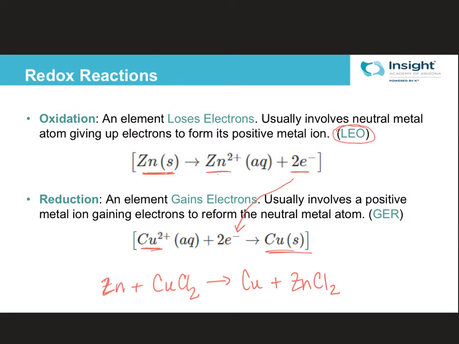And I remember that with Ger. Gains electrons, reduction. So Leo the lion goes Ger. Leo, lose electrons, oxidation. Ger, gain electrons, reduction. And that's what you'll have to do, be able to spot which element is going through oxidation, which one's going through reduction.